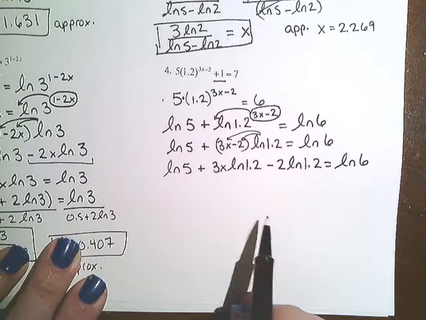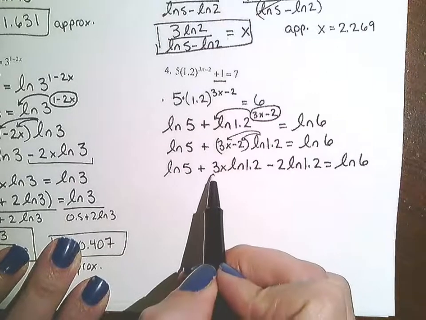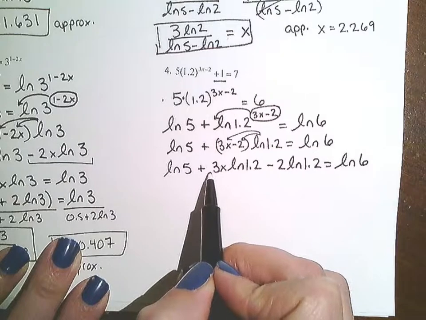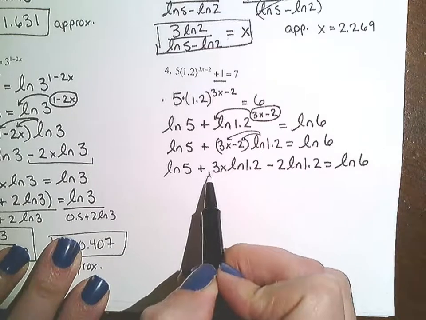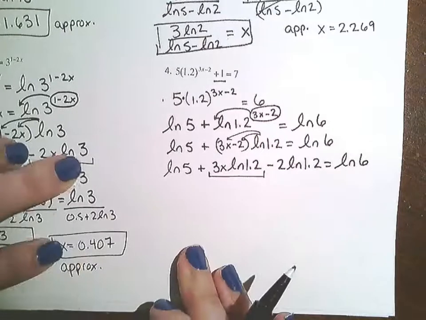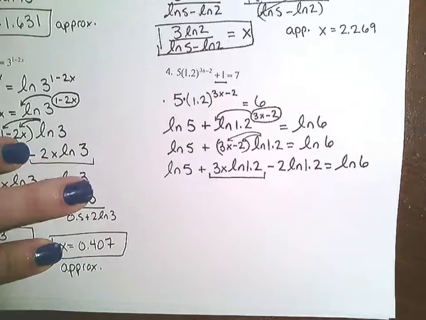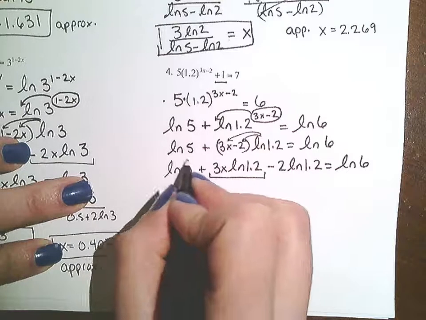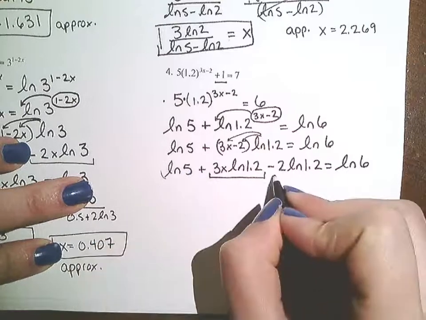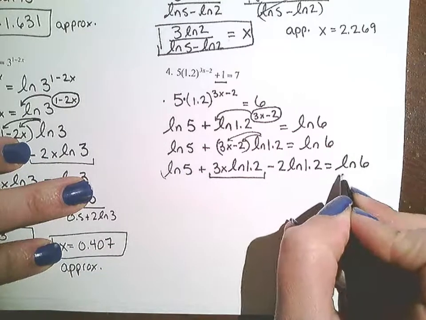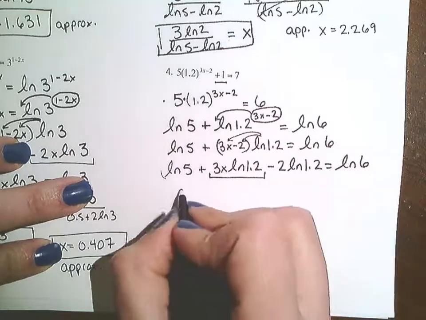Okay, so now I need to get this x term by itself. There's no other x term here, so I just need to get this by itself on one side. So I'm going to subtract this ln of 5, and I'm going to add this ln of 2 to the ln of 6.